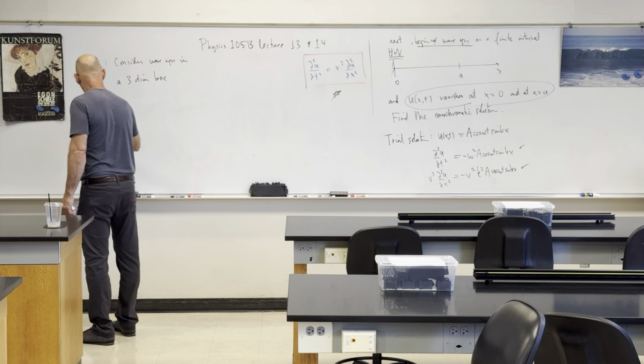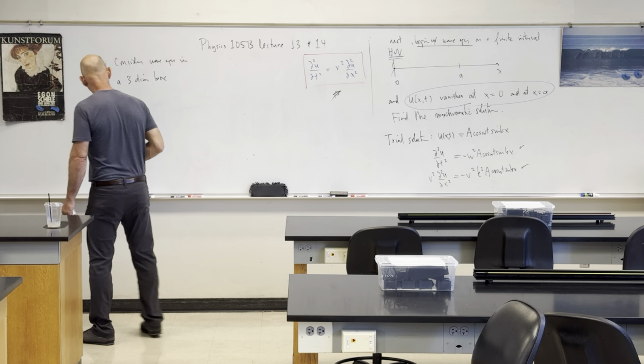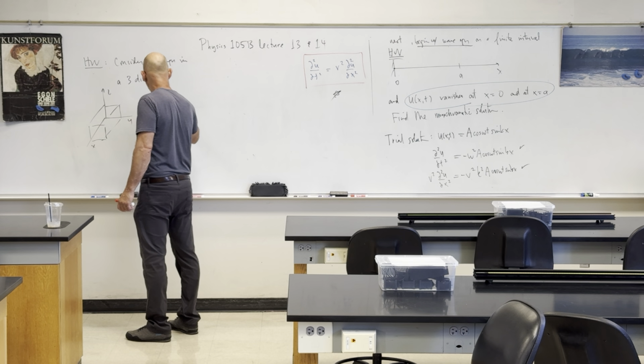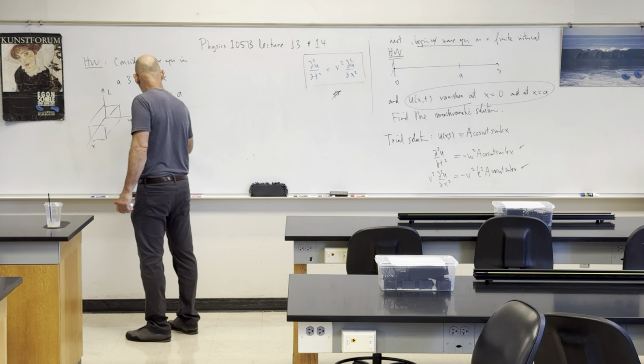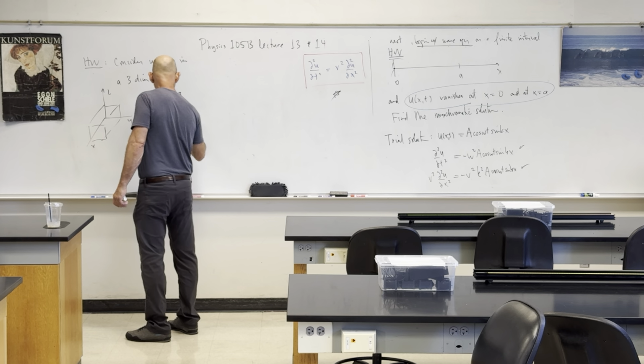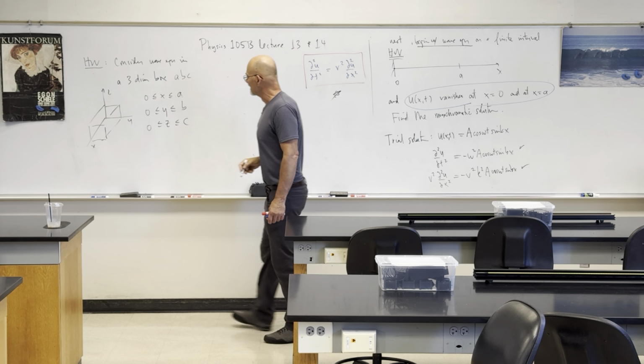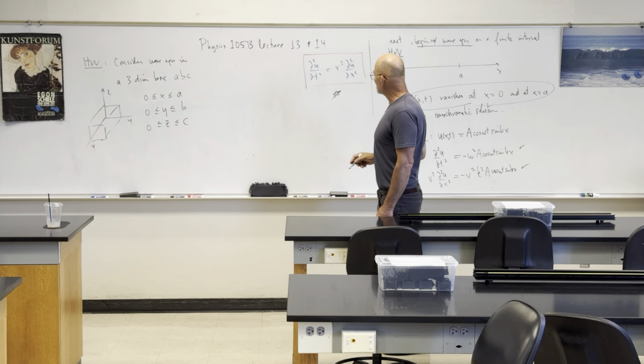I'm supposed to draw a three-dimensional box. Wish me luck. There, I did it. What we're going to do is have 0 less than or equal to x less than or equal to a, 0 less than or equal to y less than or equal to b, and 0 less than or equal to z less than or equal to c. So it's a three-dimensional box a, b, c, and we've got the wave equation in there.